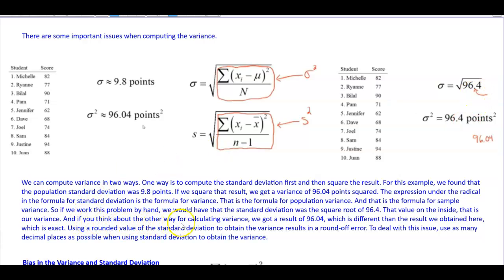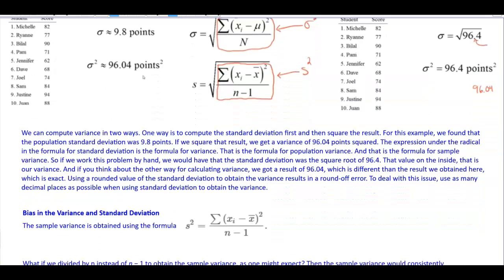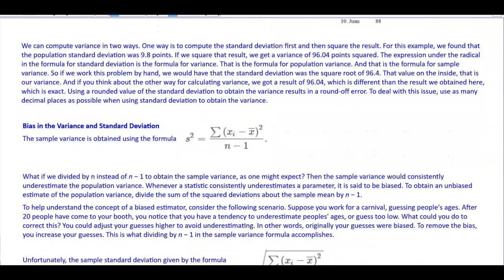The other way of calculating variance gave a result of 96.04, which is different than the result obtained using the exact value of 96.4 points. Using a rounded value of the standard deviation to obtain the variance results in a round-off error. To deal with this issue, you want to use as many decimal places as possible when using standard deviation to obtain the variance.